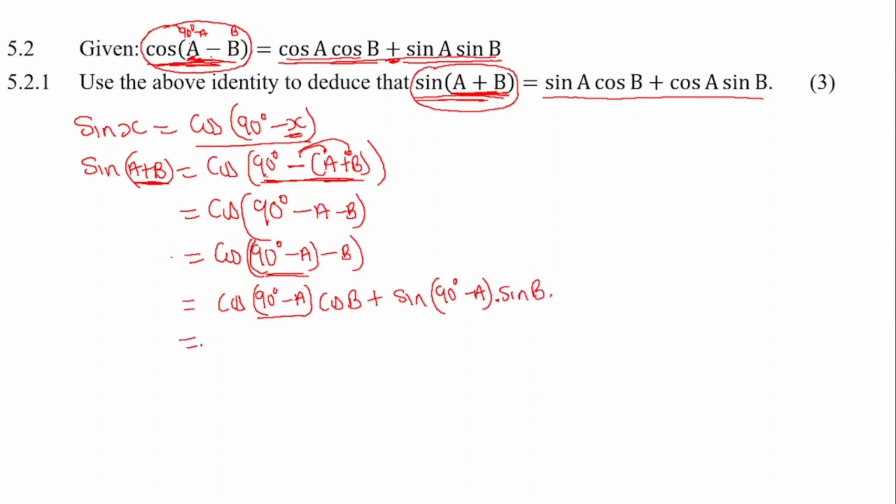Alright, again we're using the co-functions here. Cos(90 minus a) is the same as sine a, and then cos b, then plus, this is like cos a, and then sine b. Okay, so we've managed to prove that sine(a plus b) is just the same as sine a cos b plus cos a sine b.